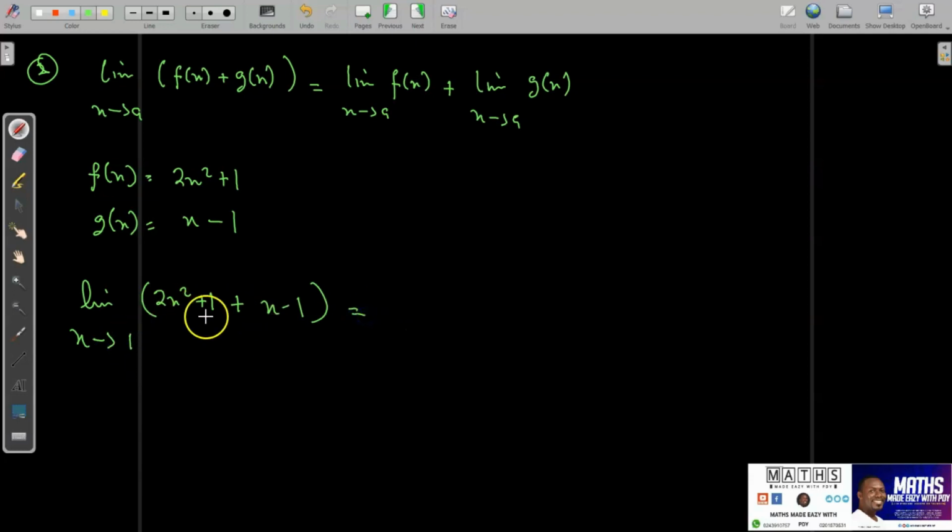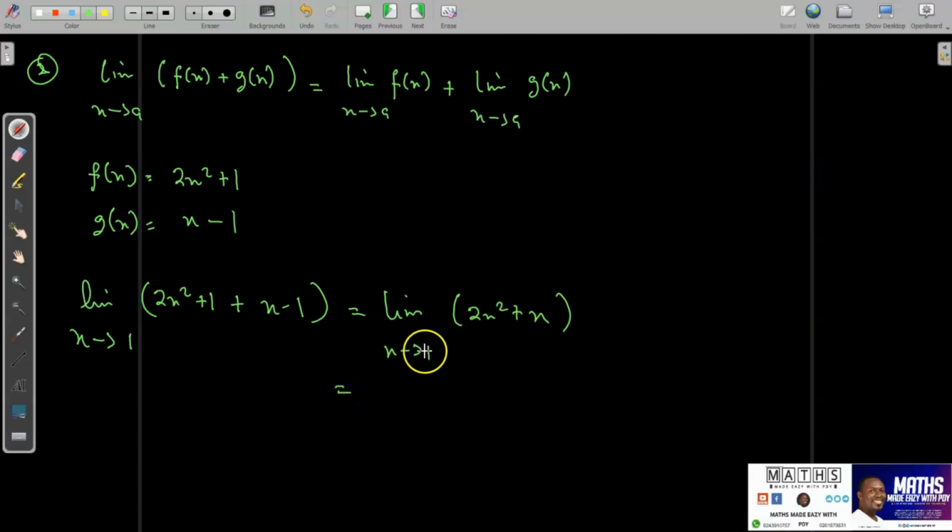Now ideally, the whole function as we see here is a polynomial function. Do you agree with me? But you can go further and simplify, and this is going to give you the limit of 2x squared plus x plus 0 as x approaches 1.